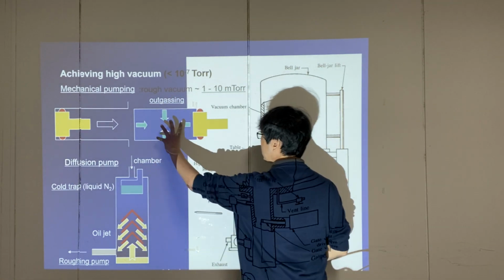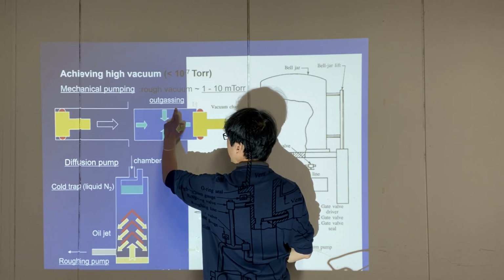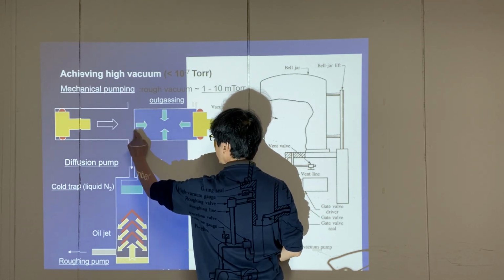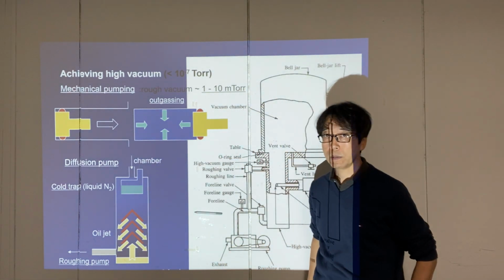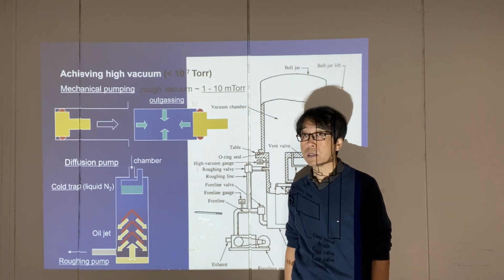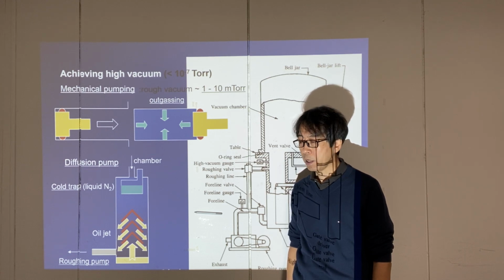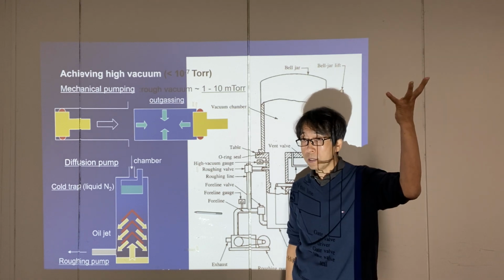Yet, if you maintain super high vacuum here, the particles on the surface will start to evaporate. We call this phenomenon outgassing, and that occurs in space.